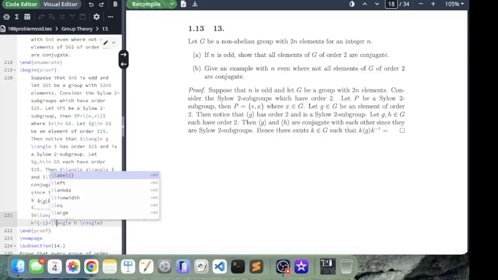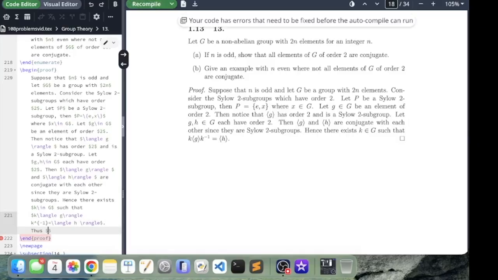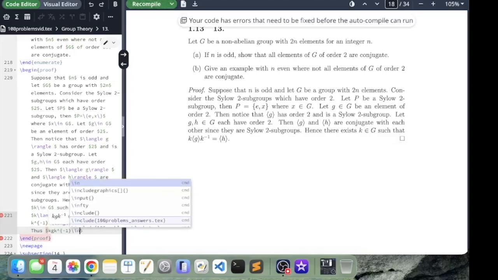Thus k g k inverse is in the cyclic subgroup generated by h.